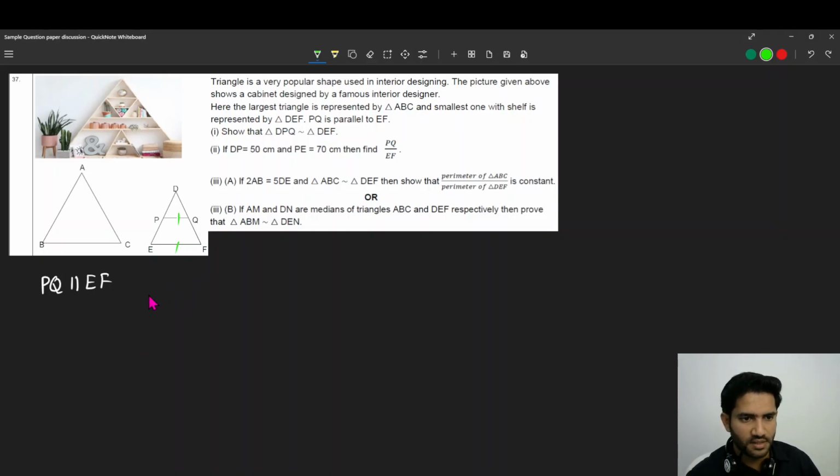It is given. So if these two lines are parallel, in DPQ and DEF, we know that these two angles are equal, and this is the common one. So it is very easy to solve.